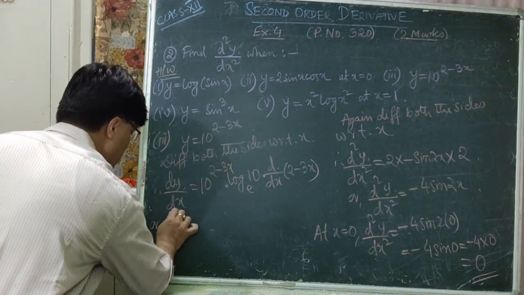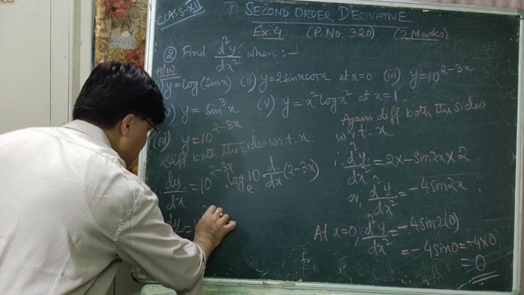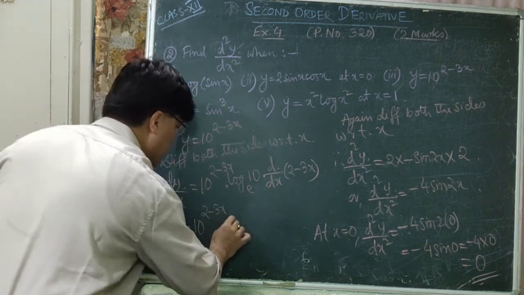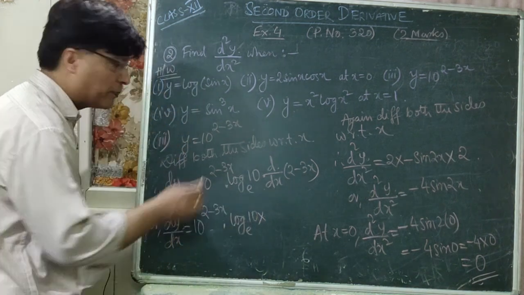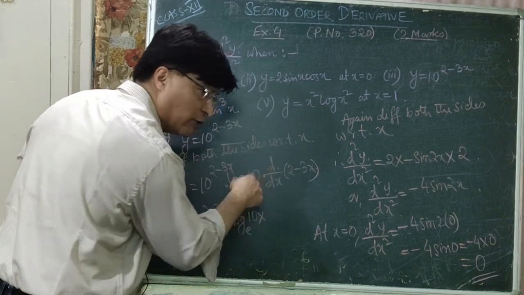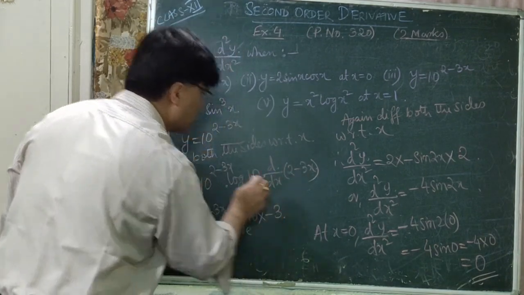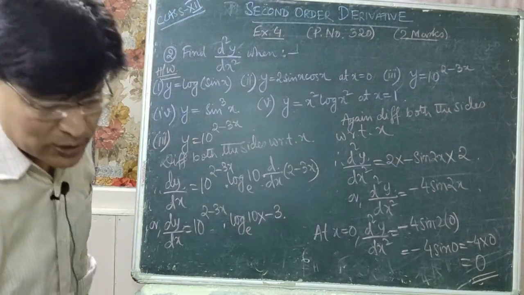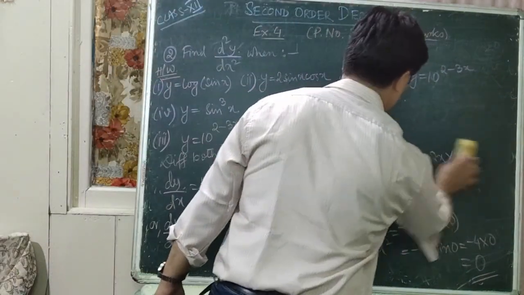So, or this is your dy by dx, which is equal to 10 to the power 2 minus 3x into, this is your log 10 base e into, what is d by dx of 2 minus 3x? For 2 it is 0, you don't have to write it. Minus 3x, it is minus 3. And what is d by dx of x? That is 1. Is that clear? So next.